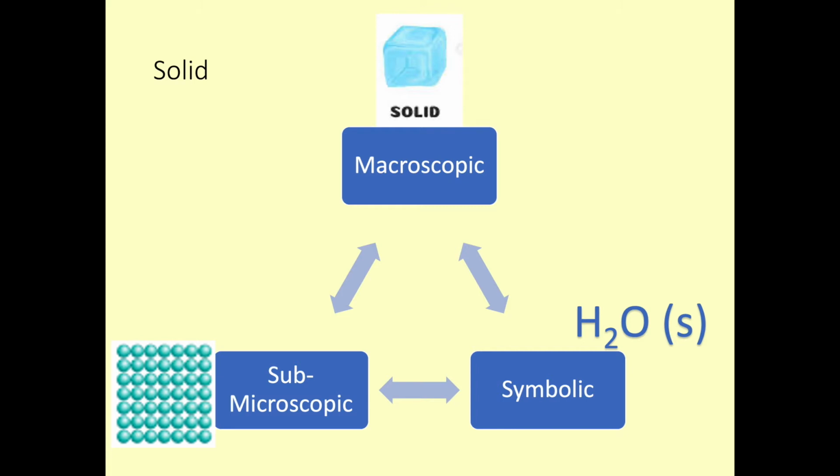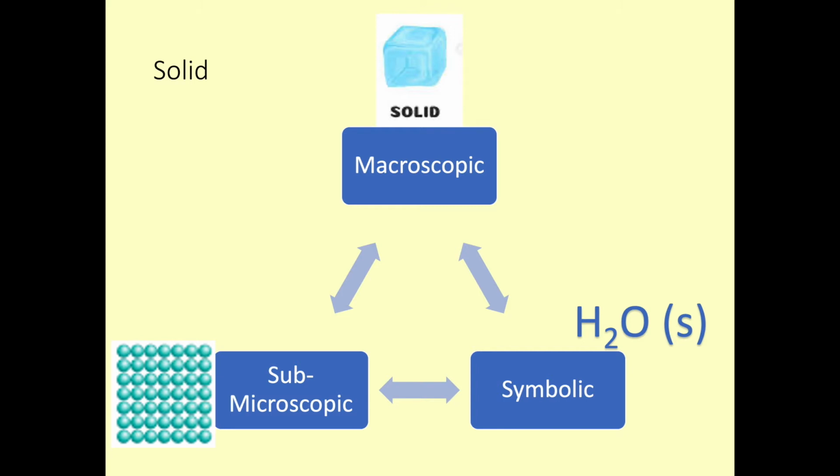So to start with our solid, so we can think about our solid in 3 different perspectives. So we can look at what we visually see, so the macroscopic, how we visually see solids. So if we stick with this idea of water, how we see water as a solid is we see it as ice.